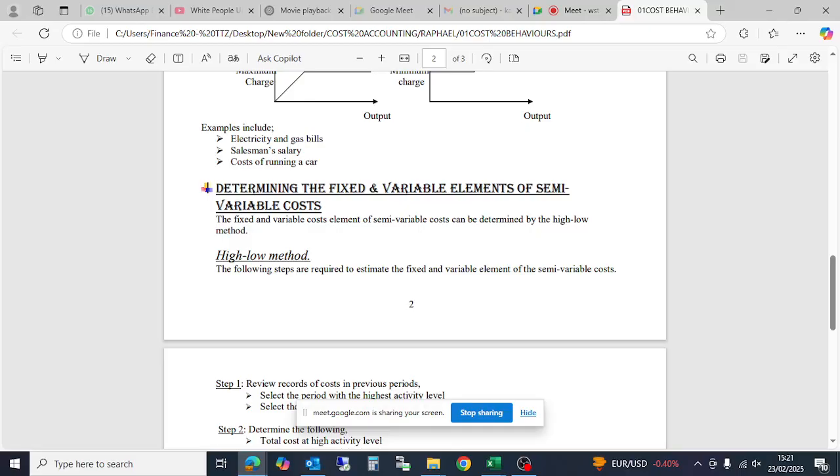All right, perfect. I'll quickly read through this, and then afterwards we'll solve the example in this question.